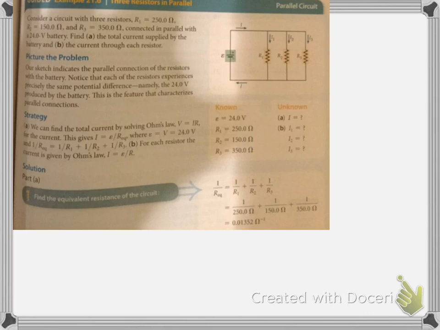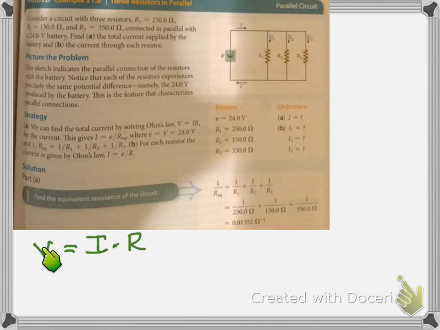So if I want to find current, remember that voltage is equal to current times resistor. So if I want to know the current for the entire system, then I need the equivalent resistor for the entire system as well. And I know that my voltage is 24.